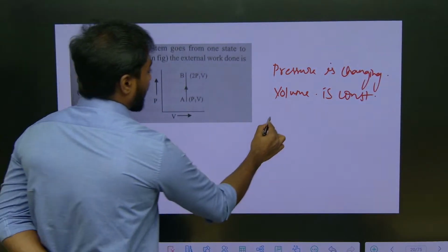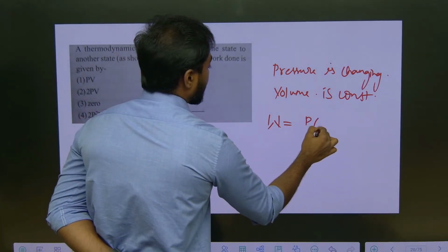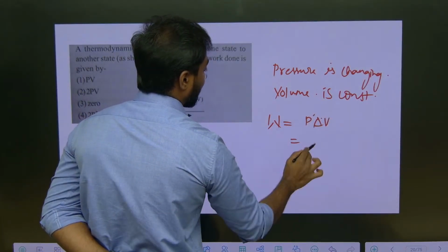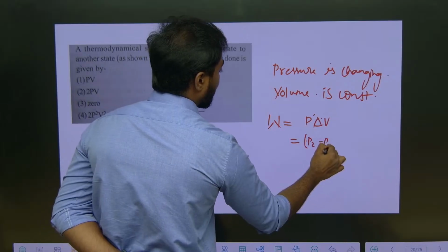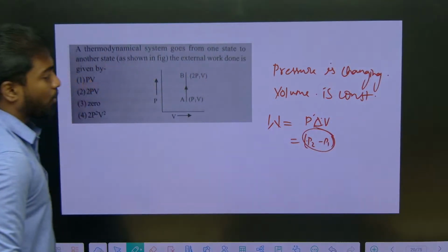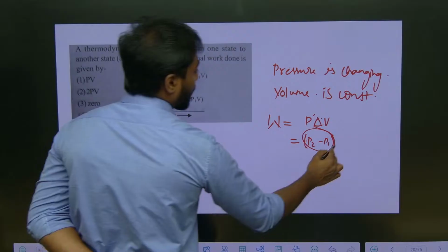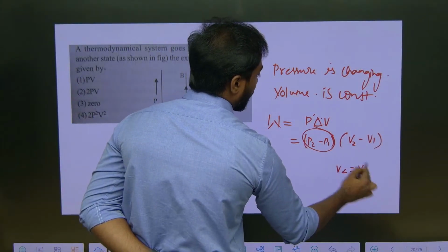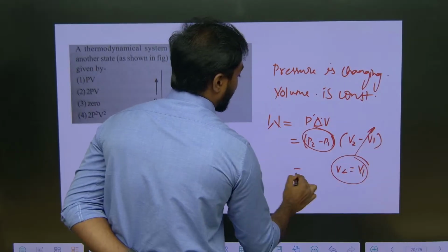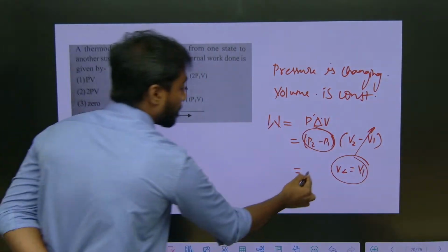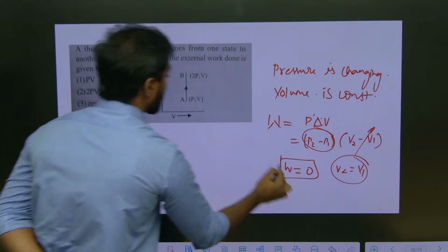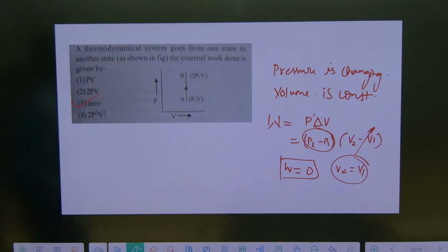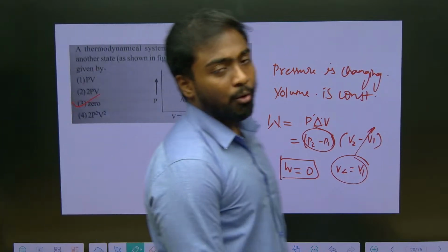So when I write the formula, P into delta V, pressure I can take P2 minus P1, okay, fine. What about volume? Volume is constant, in the sense V2 minus V1, V2 is equal to V1. So it will get cancelled. Something multiplied by 0 becomes 0. W is equal to 0. So work done is 0 in this case.